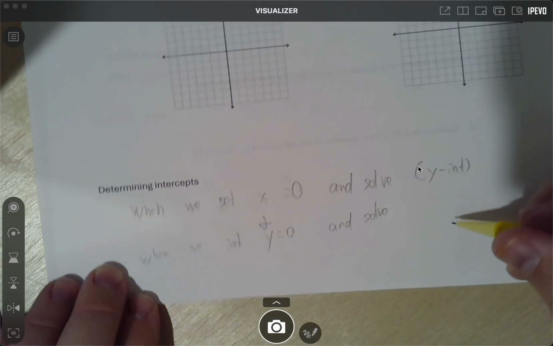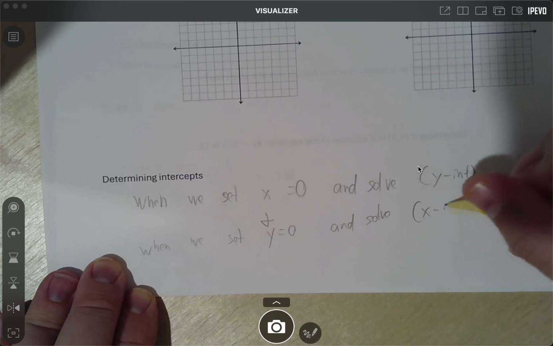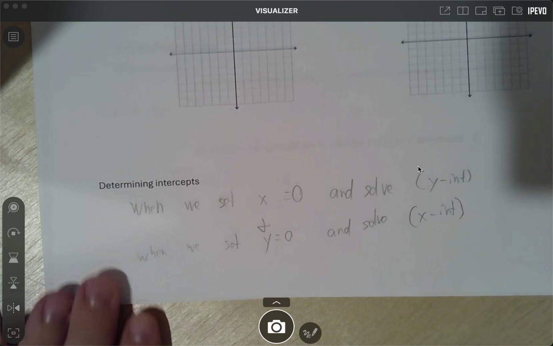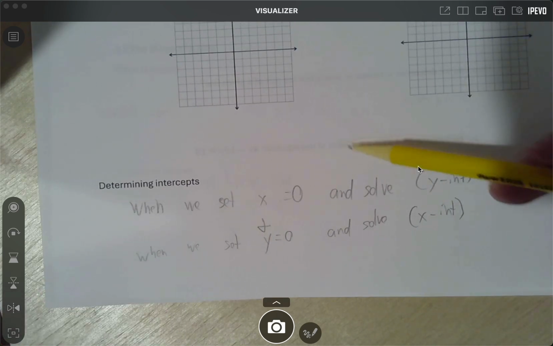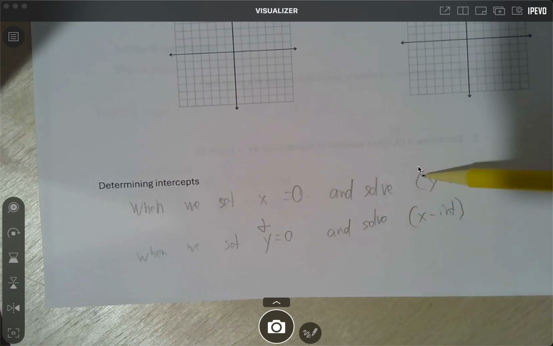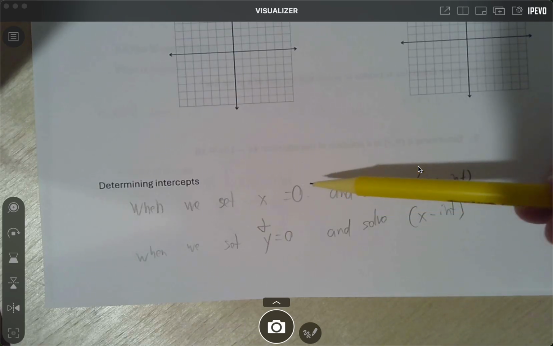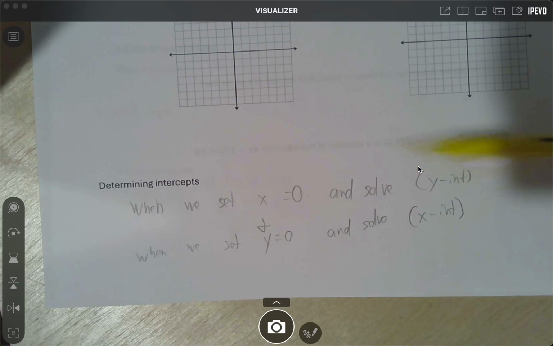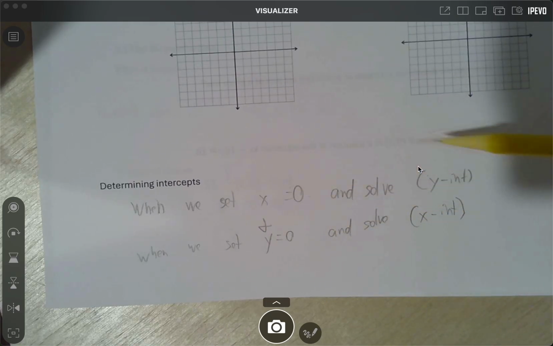Oops, sorry, that was off the page. That would be the x-intercept. So notice there that if you want the y-intercept, x must be 0. If you want the x-intercept, y must be 0. It's set the opposite thing to 0 to get the intercept that you want.